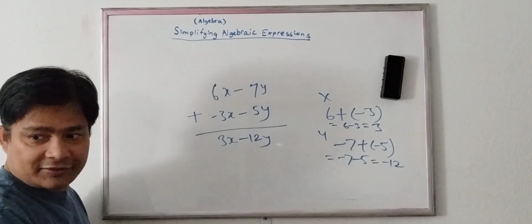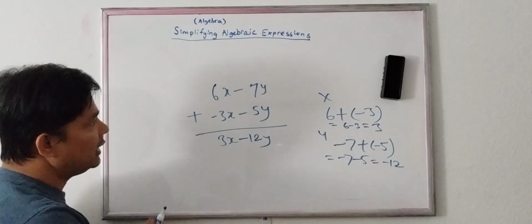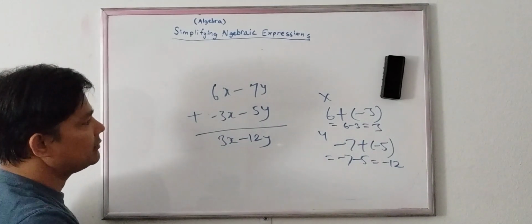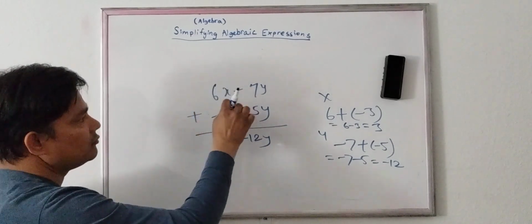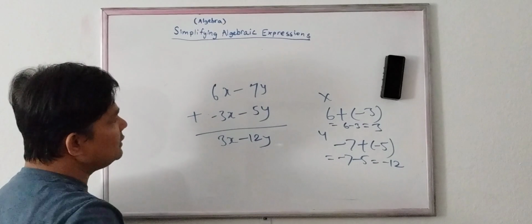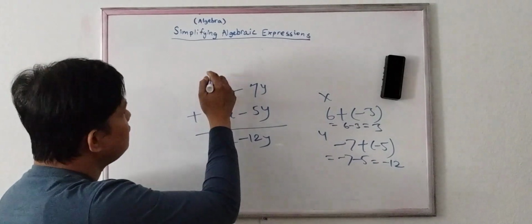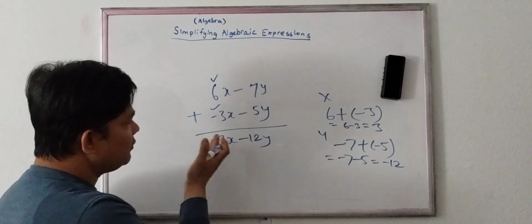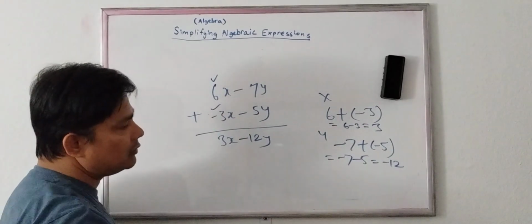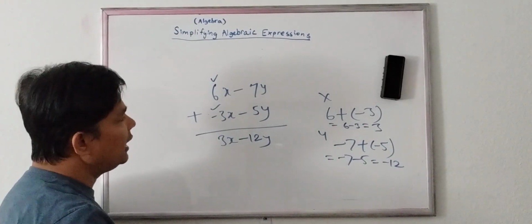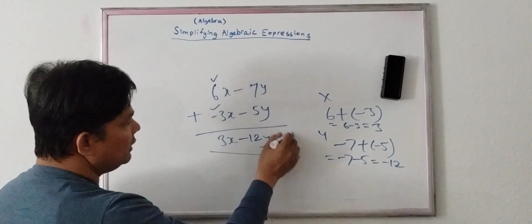Got it? No confusion? So basically, when you are adding or subtracting, we'll take another example for subtraction. When we are adding, we have to look for the expressions having the same variables, and then add or subtract whatever is there using those two constants or three constants, depending on the number of expressions you have, and the same for the other variable, and then at the end write the answer.